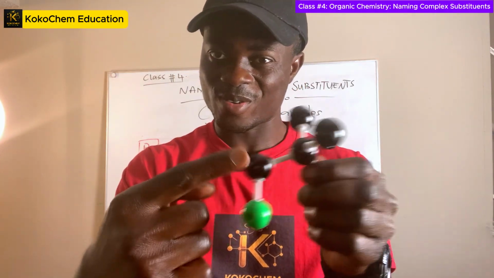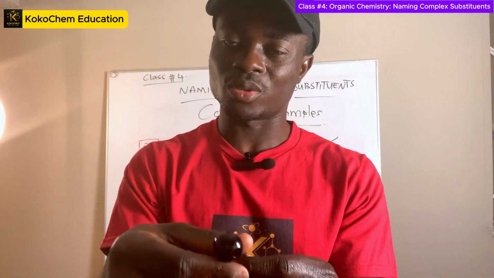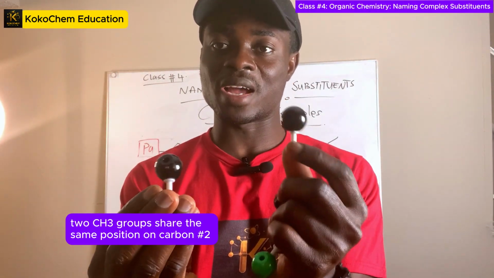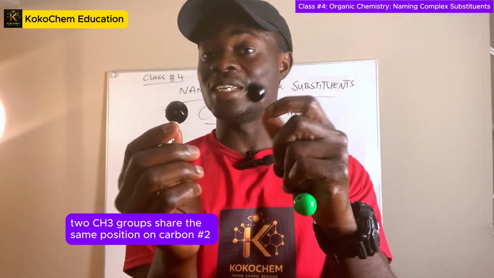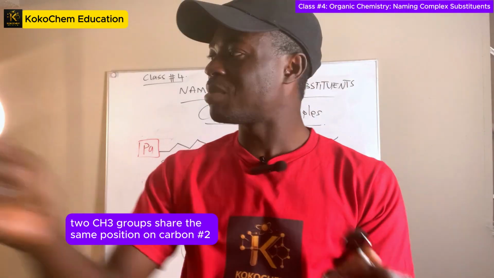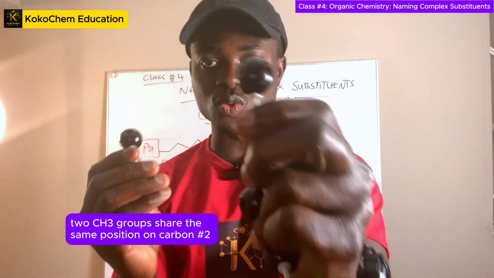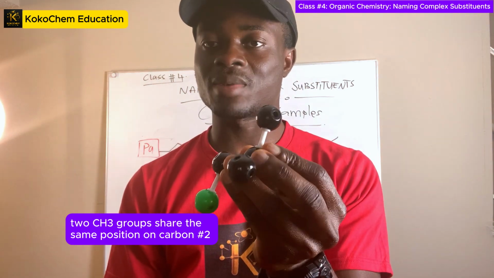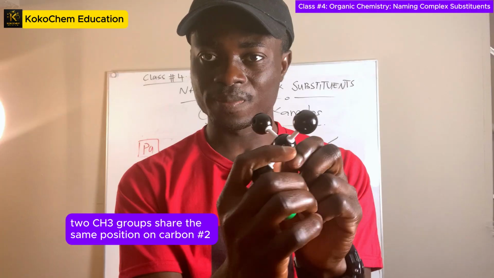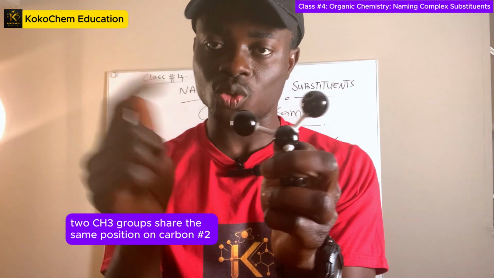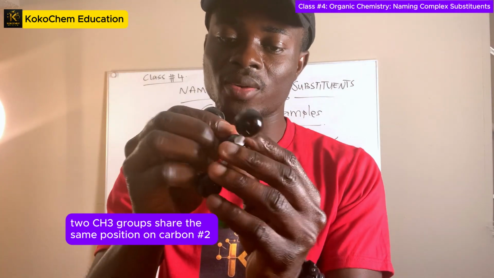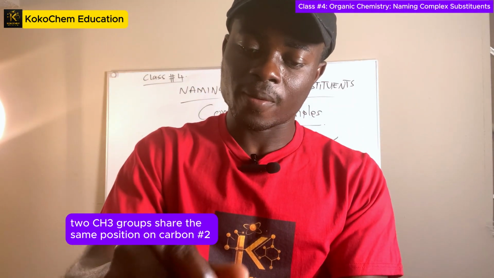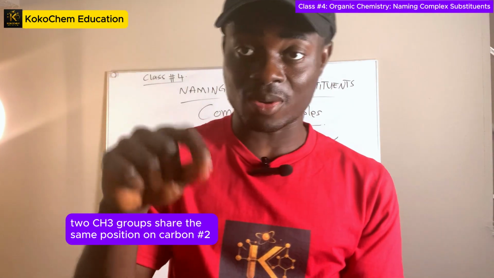The continuous carbon chain is 1, 2, 3, and the substituents are on the same carbon, position 2. I'm stressing on it because I don't want you to get confused, okay?